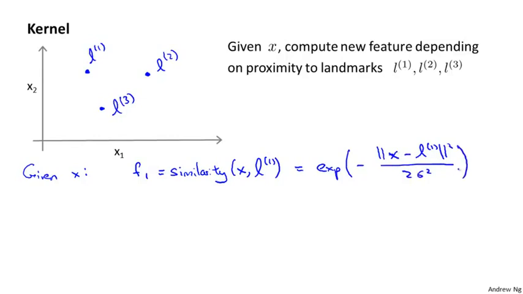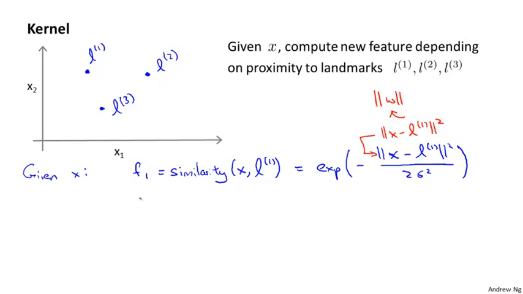So depending on whether or not you watched the previous optional video, this notation is the length of the vector, and so this thing here, x minus L1, is actually just the Euclidean distance squared, the Euclidean distance between the point x and the landmark L1. I'll say more about this later.